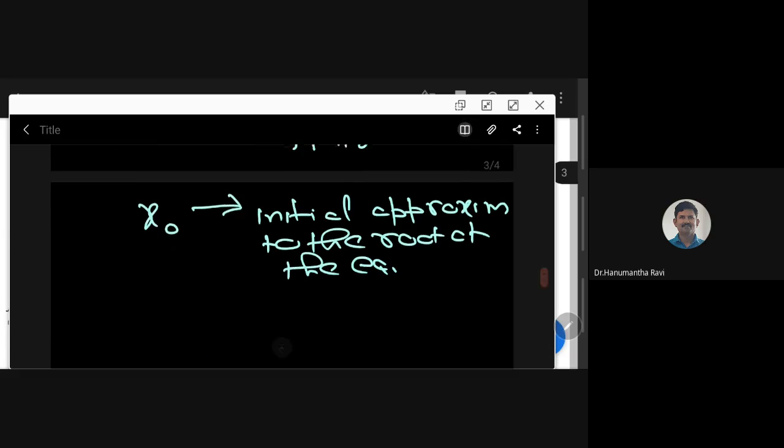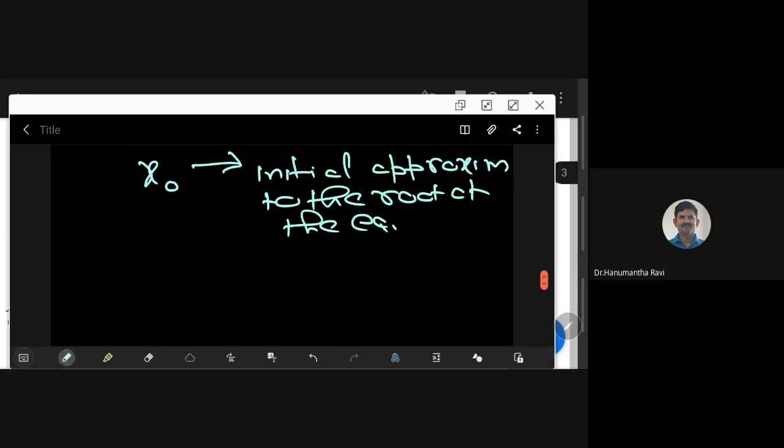Then what is x1? x1 is another, that is, the first approximation. These two things we must know.